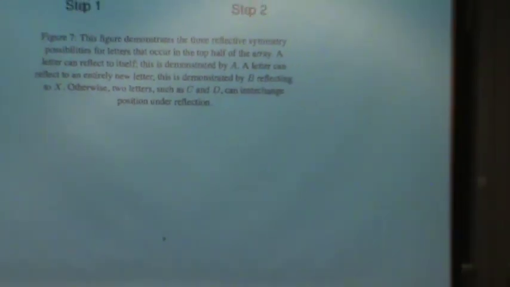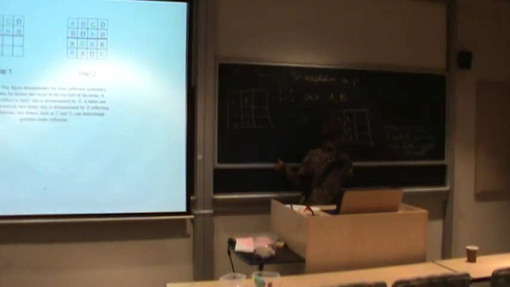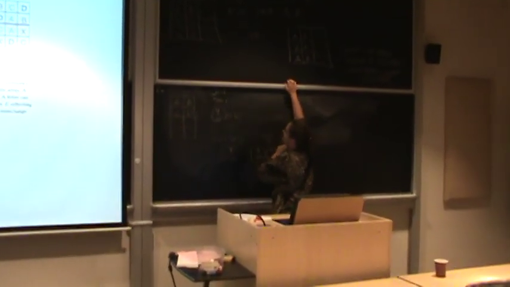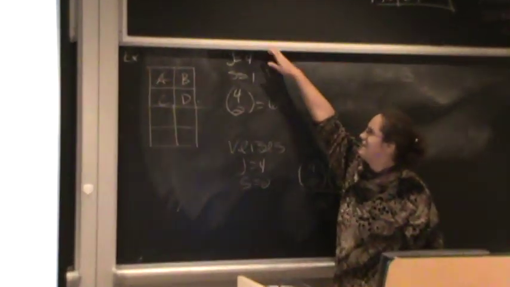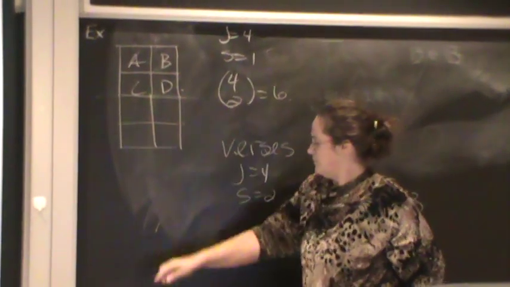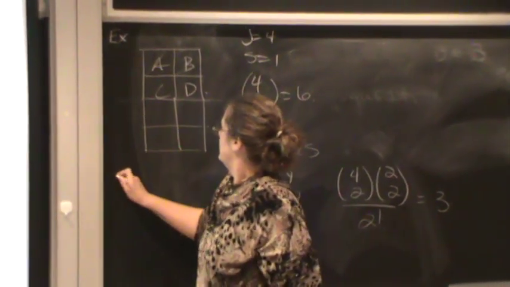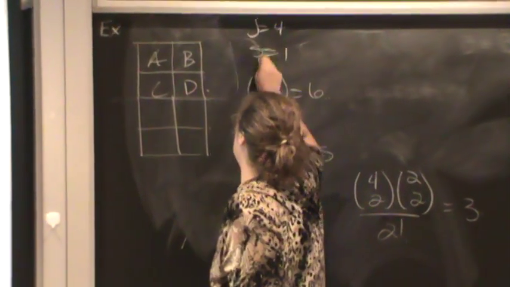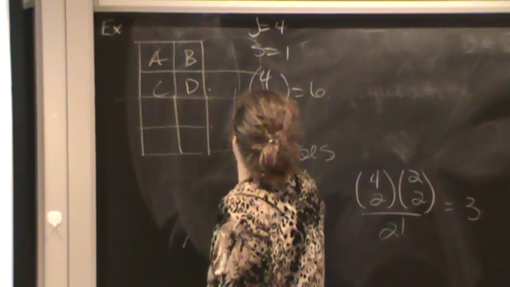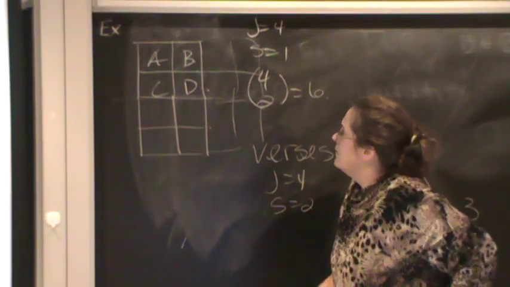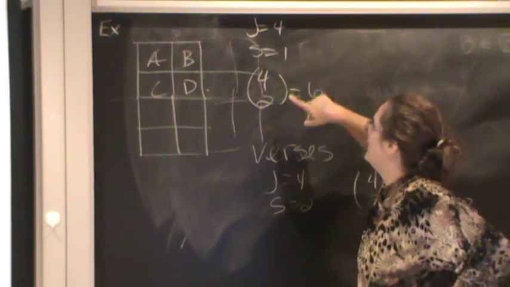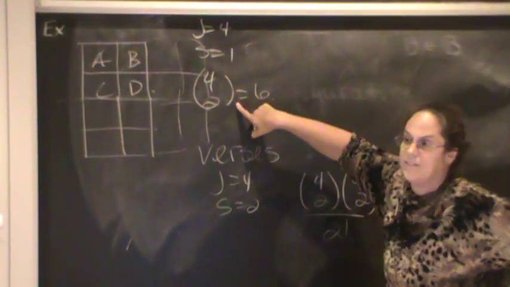And just to help you understand the interchange, here's a test. Here's our sample; this should be a square, forgive me if this isn't a square. The idea is if you want to, you could extend this out a little bit more to get a square. Okay, so here's our sample. And if J is 4 and S is 1, you want to count how many interchange pairs you can have.